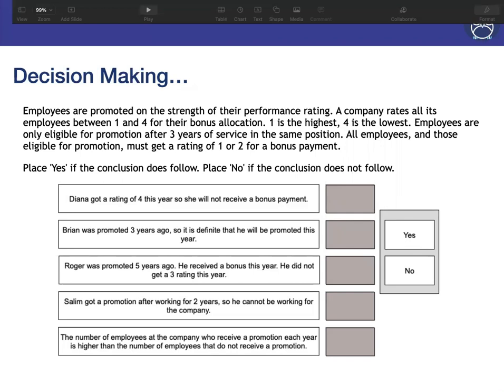I guess for each page it's around 1 minute, but obviously there are multiple statements that you have to read, so you have to be quick. When you're doing the exam, it does have a timer at the top, so you can see how well you're doing in terms of every question.